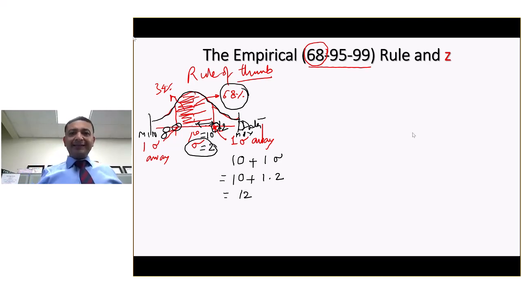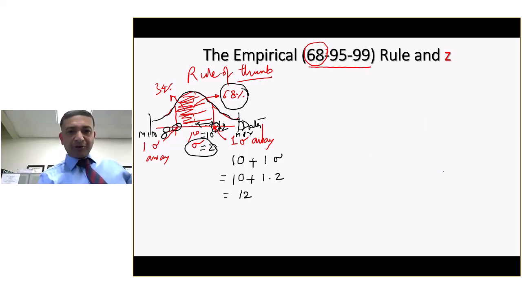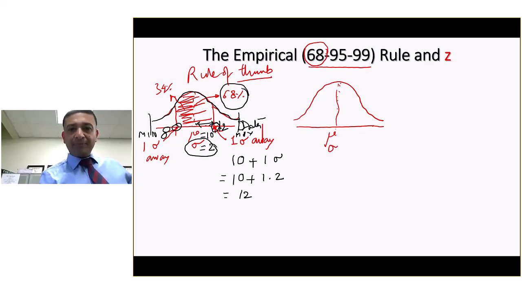In that same vein, if I go ahead and draw the 95% rule, I'm saying the same exact story. I have a distribution with a mean mu and a standard deviation sigma.